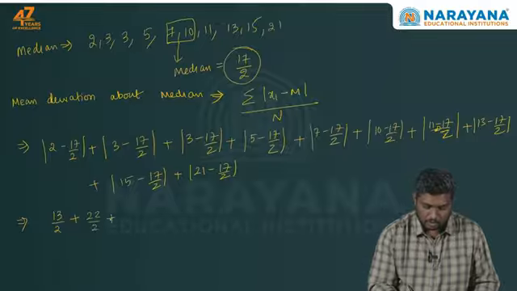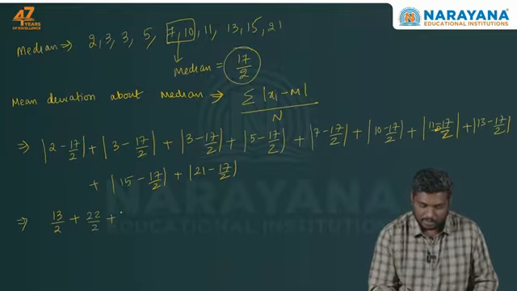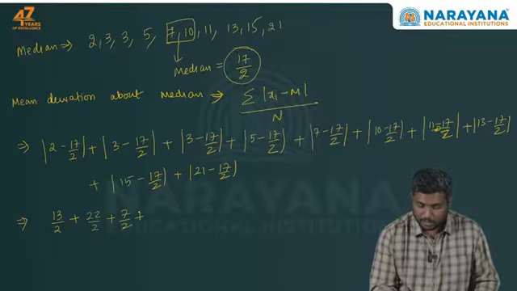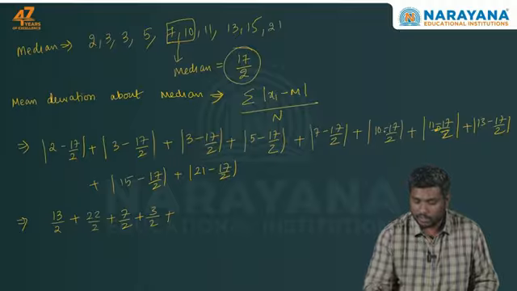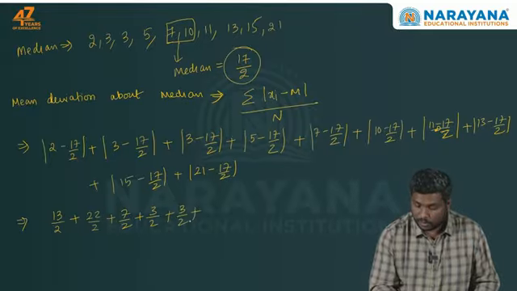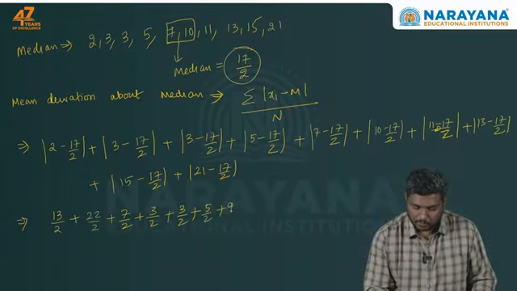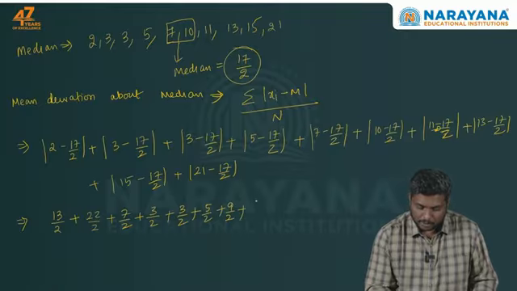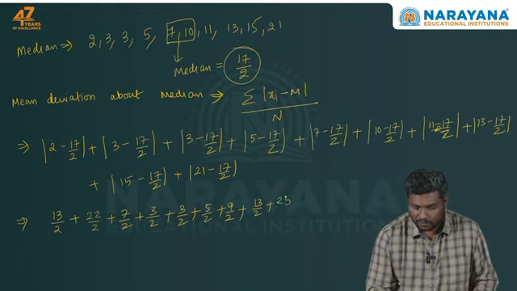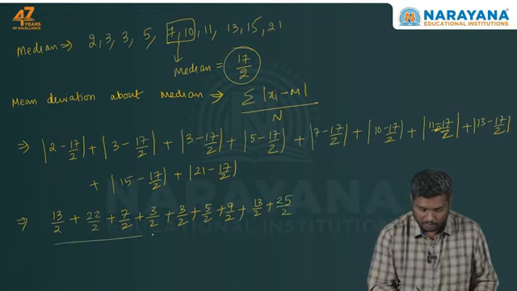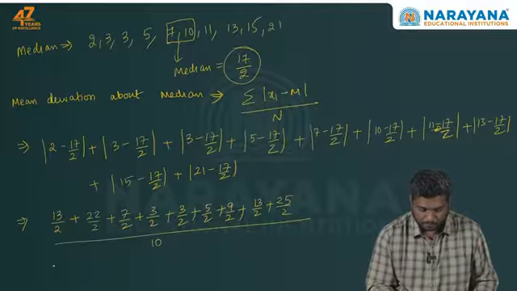Anyway, 2 is common everywhere, but I'll still write it. 10, 7 by 2, and 14, 3 by 2. 2 tens are 20 minus 17, 3 by 2. 22 minus 17, 5 by 2. 26 minus 17, 9 by 2, plus 13 by 2, plus 42 minus 17, which is 25. 25 by 2, whole divided by 10.